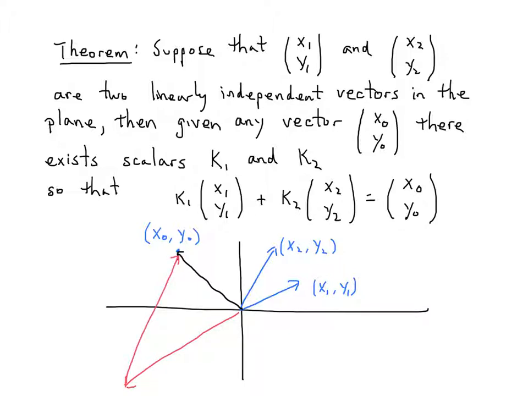And so I would argue that this vector is some stretching k1 of x1, y1. This vector is some stretching, I'll call it k2 of x2, y2.